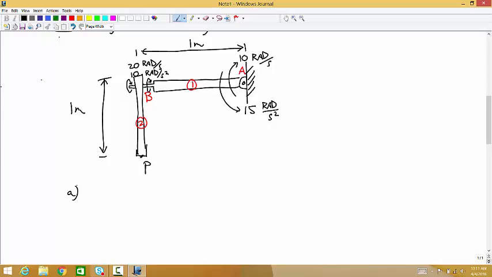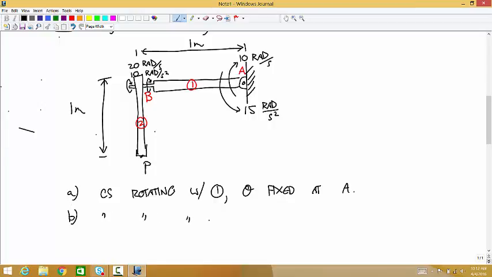So the first one we did was a coordinate system rotating with body 1 with the origin fixed at A. The second one, coordinate system rotating with body 1 with the origin at B. Okay, so the origin isn't fixed anymore.